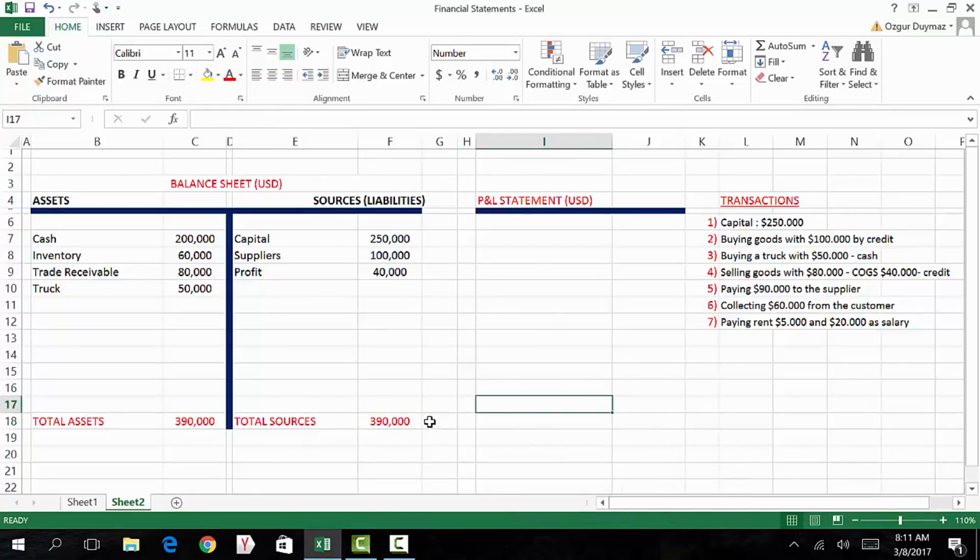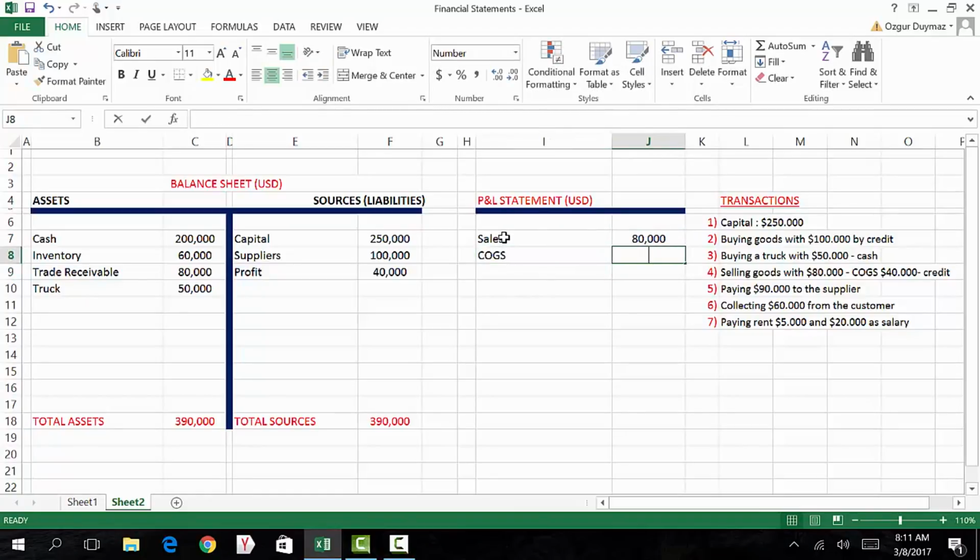And we need a profit and loss statement because we need to define the profit. We need the detail of profit. Okay, we know it's $40,000, but how can we have it? This is the sales amount. Yes, and also cost of goods sold.